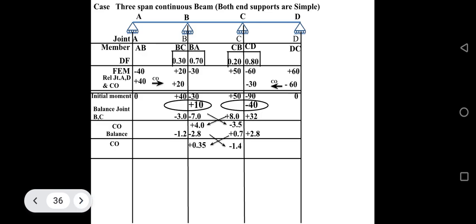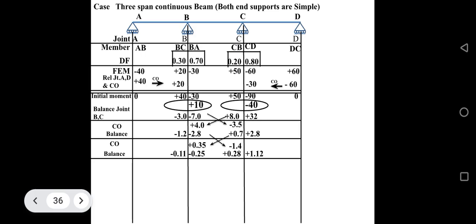These need to be multiplied with the distribution factors with the opposite sign. So 0.35 into 0.3, 0.35 into 0.7, and the unbalanced moment is positive, therefore it is balanced with the opposite sign. This 1.4 needs to be multiplied with 0.2 and 0.8. The sign of 1.4 is minus, therefore on both sides it will be plus.